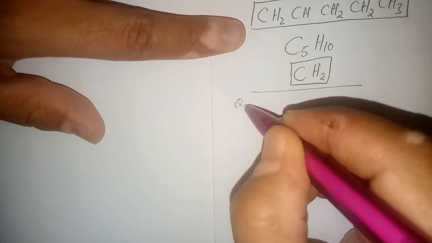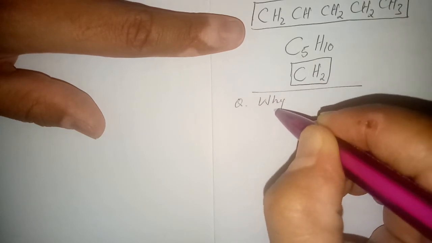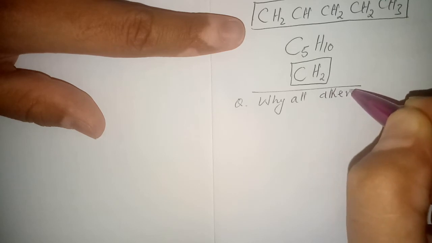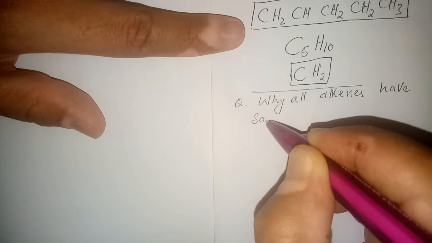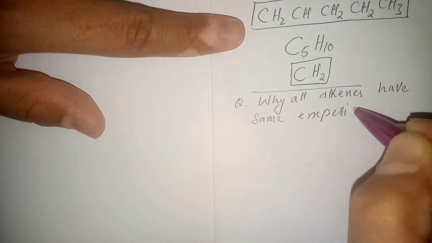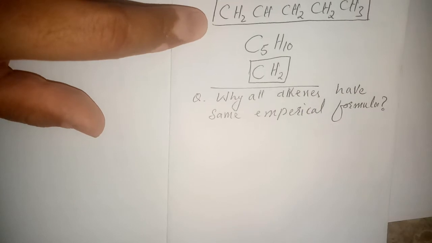The question is: why do all alkenes have the same empirical formula? So what should be the answer?